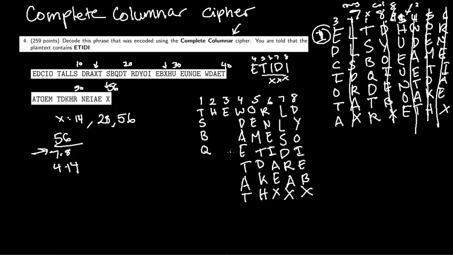T, S, B, Q, D, T, R, number 2, H, U, E, U, N, O, E, and then 3, E, P, C, I, O, T, A. Now, we just read from right to left.